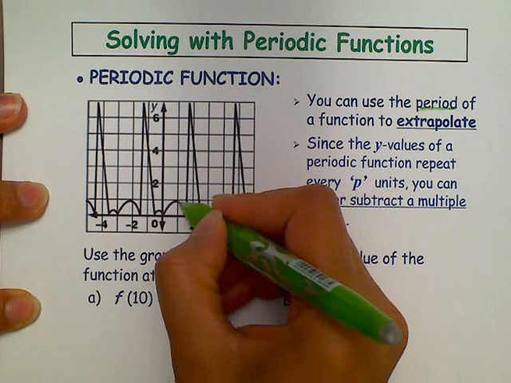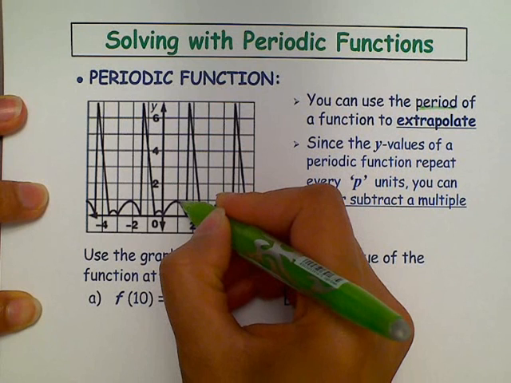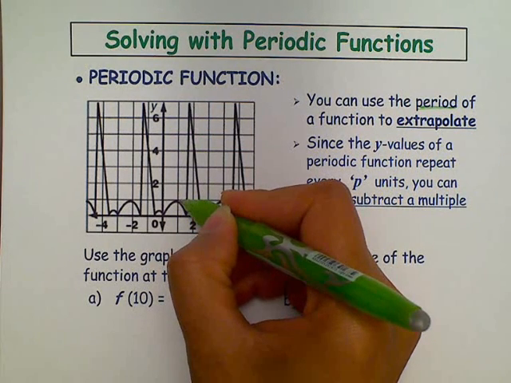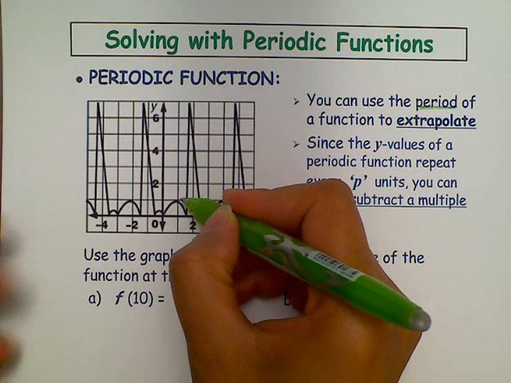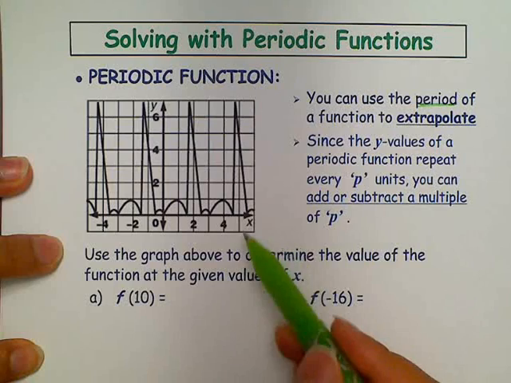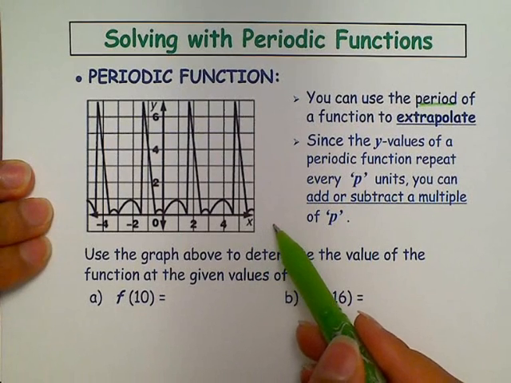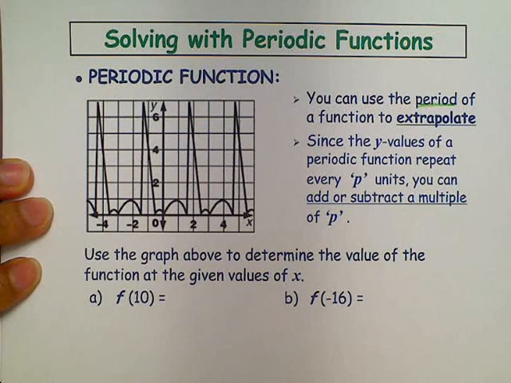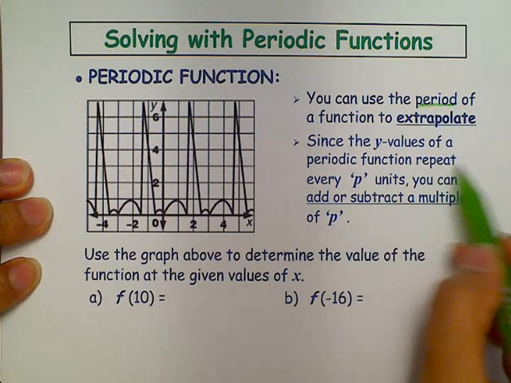That's easy because x equal to 1 is on my graph, and I just go up to see what the value of the function is. But the problem sometimes becomes when you're looking for a value of the function when x is a number that's beyond the range of your graph, and so you can use the period of the function to help you extrapolate those values.